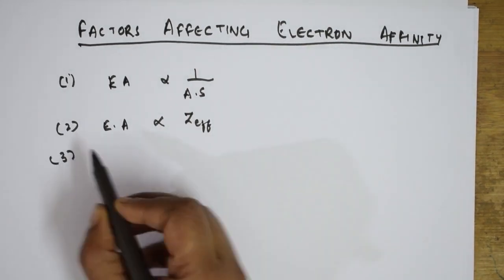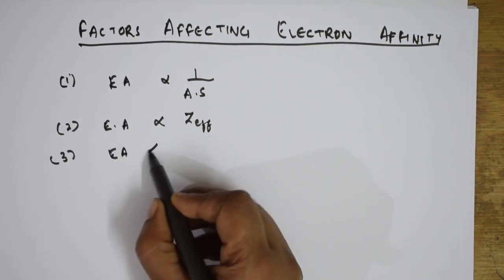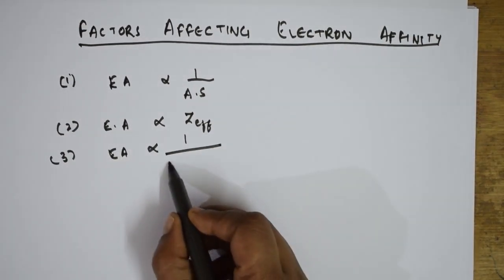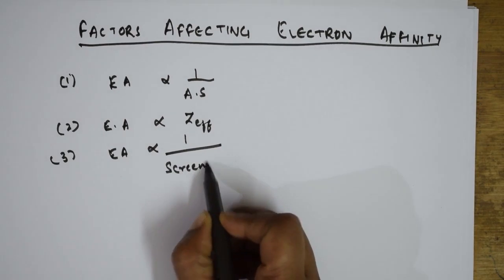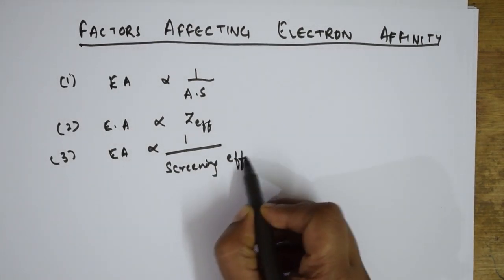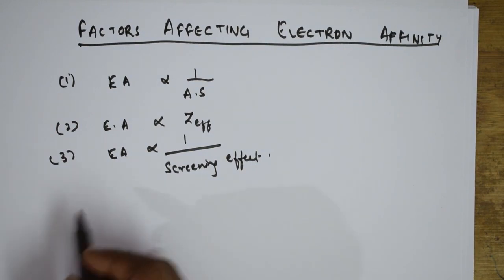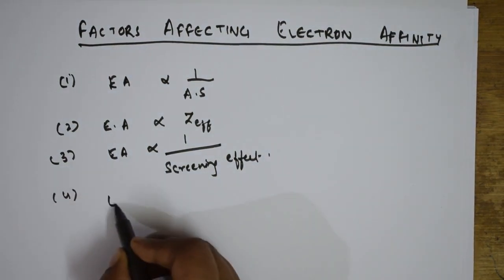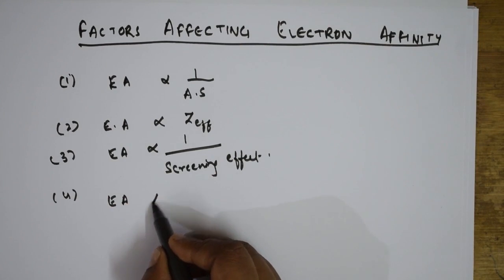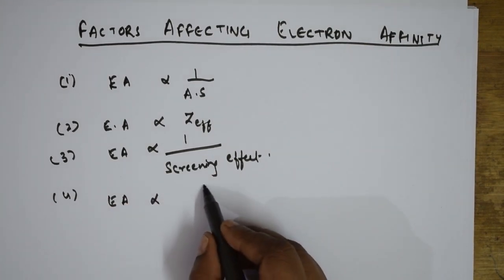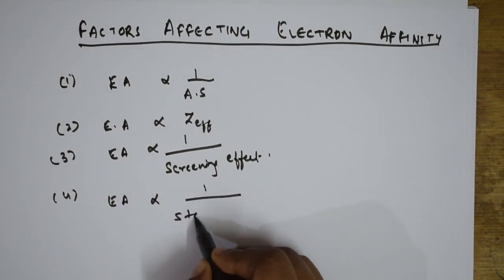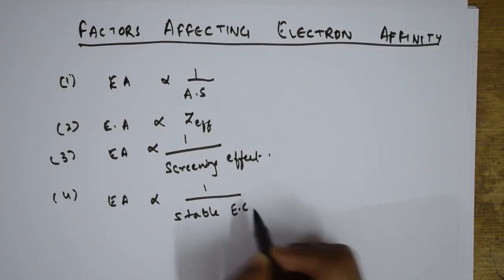Third important thing, electron affinity is inversely related to 1 by screening effect. I've already explained why this is inversely related, why this is directly related in the trick series. Last but not the least, the fourth one, electron affinity value is inversely related to 1 by stable electronic configuration.